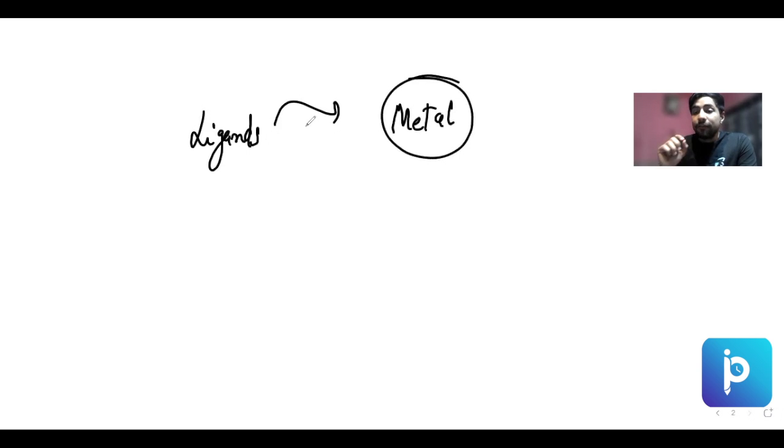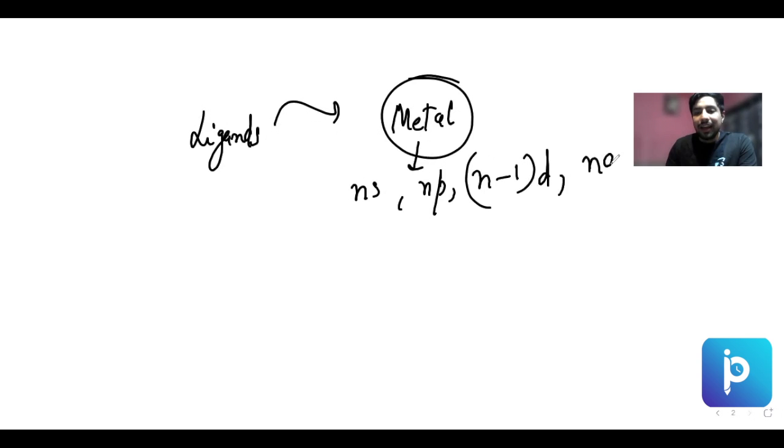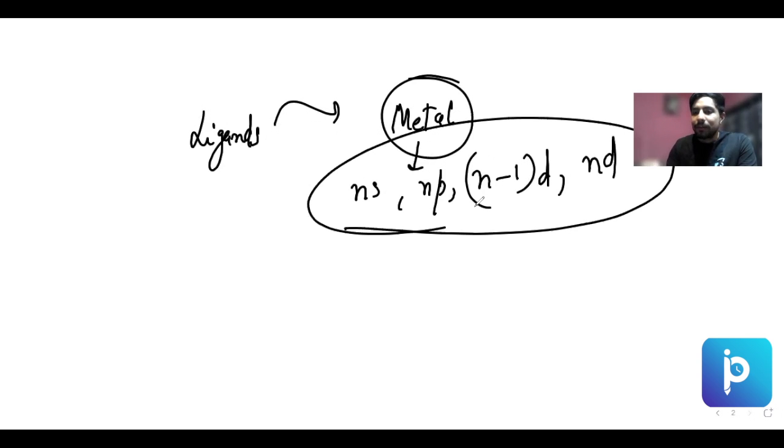the ligands, okay, they use different orbitals of the metal. This is the metal. Okay, it says that for bonding to happen, the ligand uses different orbitals of the metal. Now in the metal, ns, np, n-1 d, nd, all these orbitals are present.